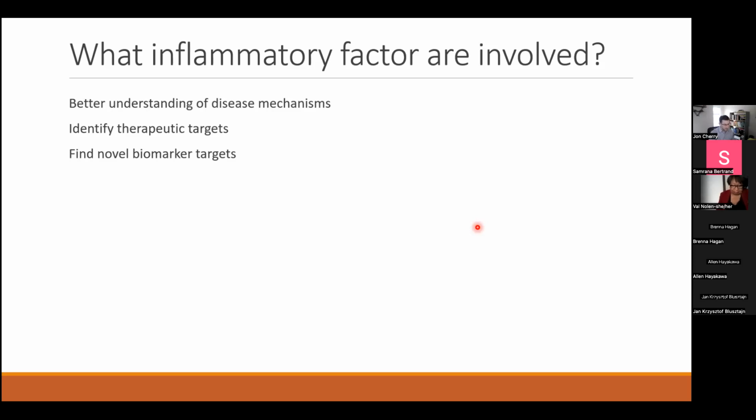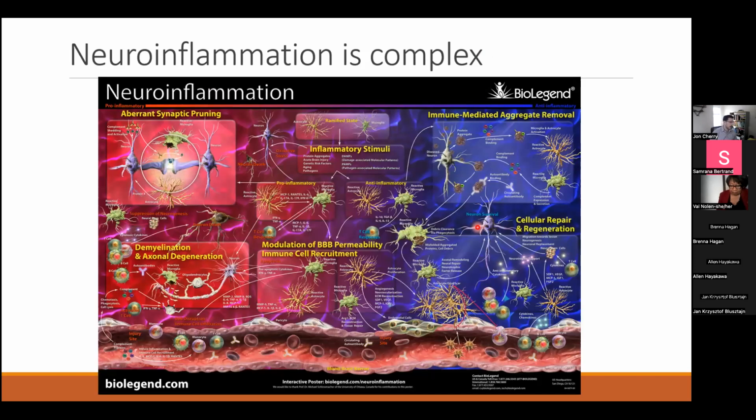Now, neuroinflammation is a very, very complex topic. This is just a poster I grabbed off of one of the manufacturing sites of some of the processes in neuroinflammation. So whenever someone says neuroinflammation, they're referring to dozens, if not hundreds, of different processes.